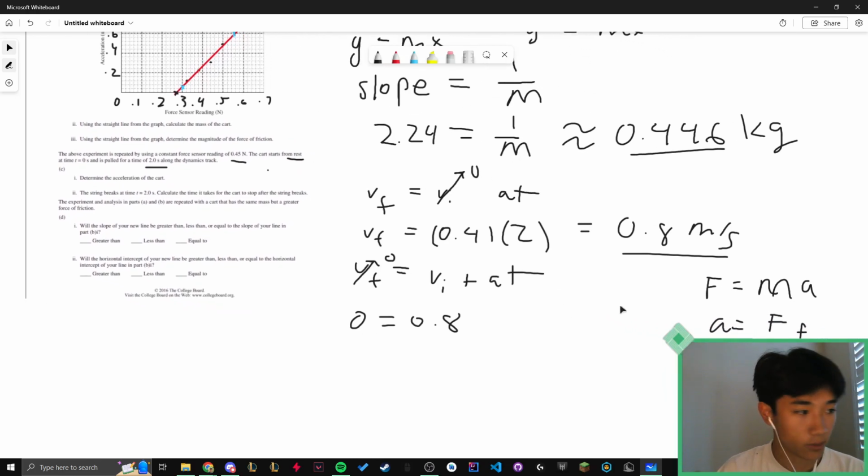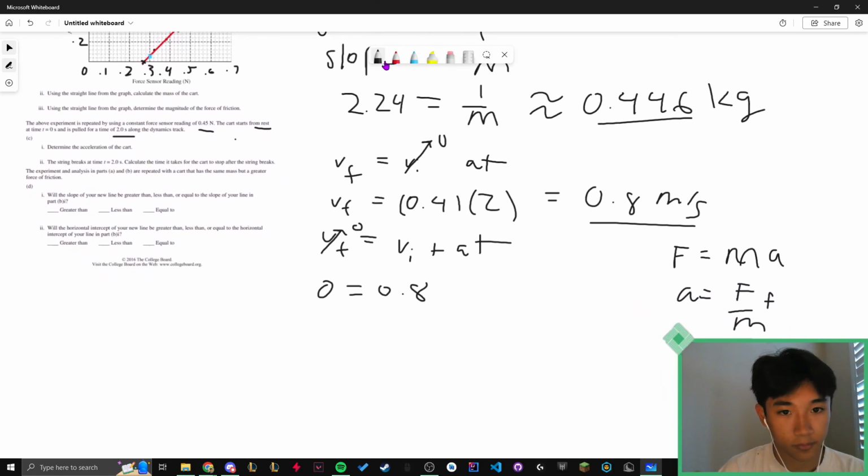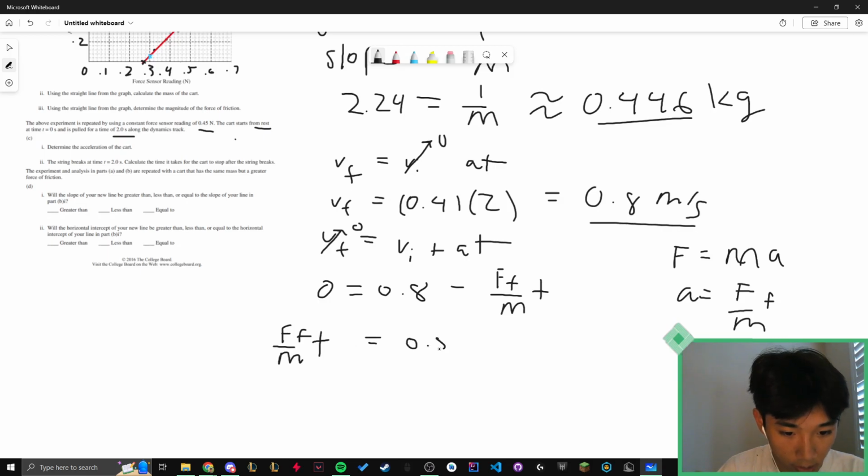So if we do negative force of friction divided by mass, and now we're solving for time, we're just going to have to add force of friction divided by mass, t equals 0.8.